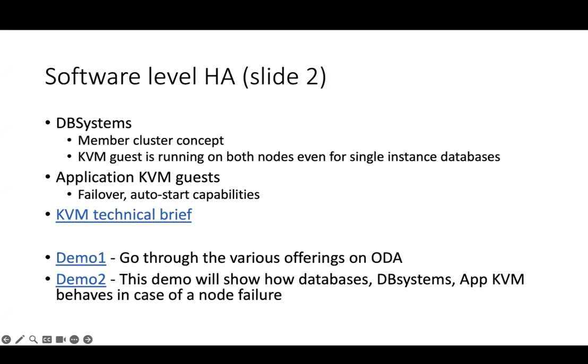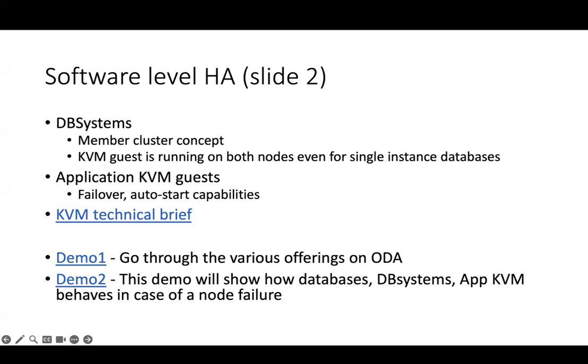For RAC and RAC One node options, the reason is obvious why you need the DB system guest on each node. But for single instance databases, it's not straightforward. For single instance databases, the rationale behind that is to provide fast recovery in case of a failure.